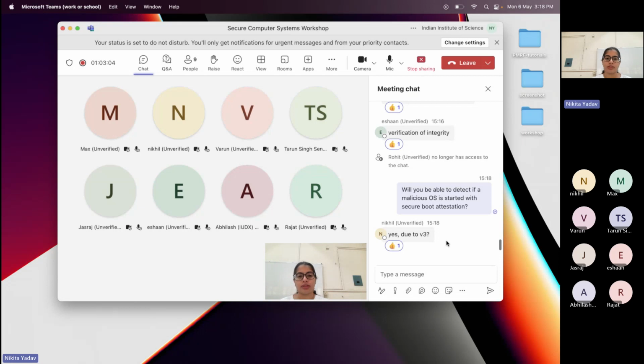And if the OS binary is replaced with a malicious OS binary, the value of the PCR will be changed. It will no longer be V3, and therefore the cloud provider will not be able to prove that it is running the correct OS binary.